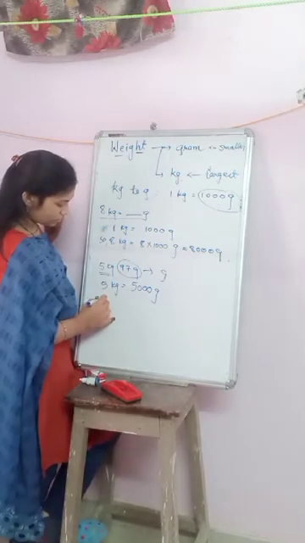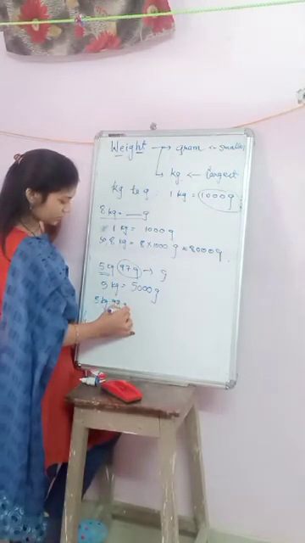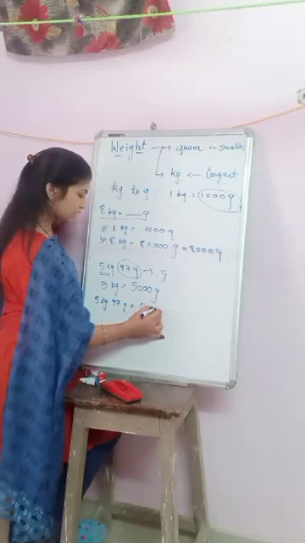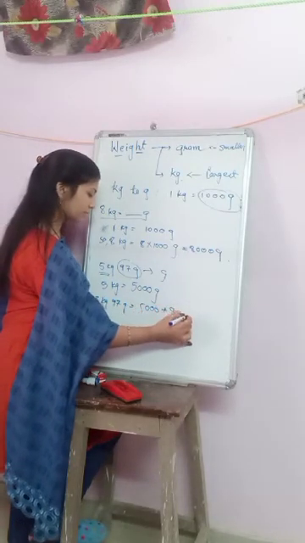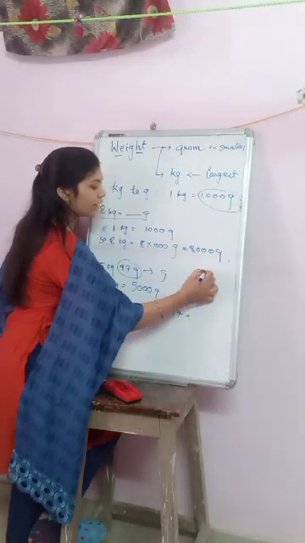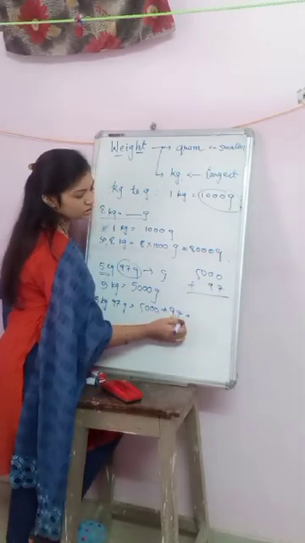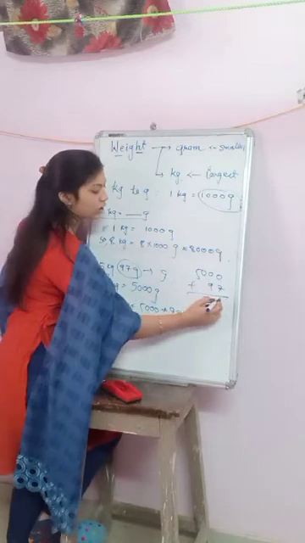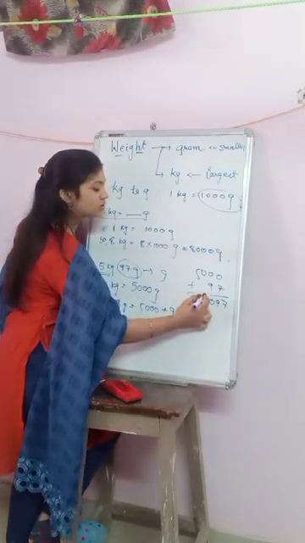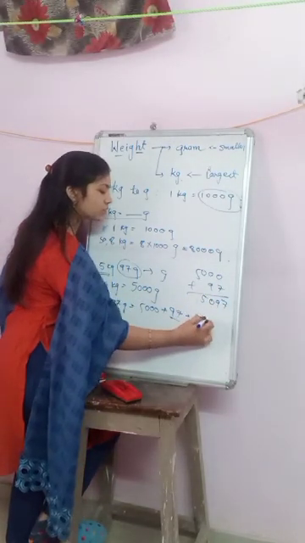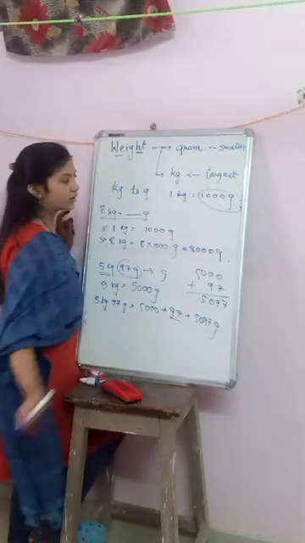So 5 kilogram 97 gram equals 5000 plus 97. You can also add vertically, 5000 plus 97. There are only two digits, so we have to write it carefully. The answer is 5097.